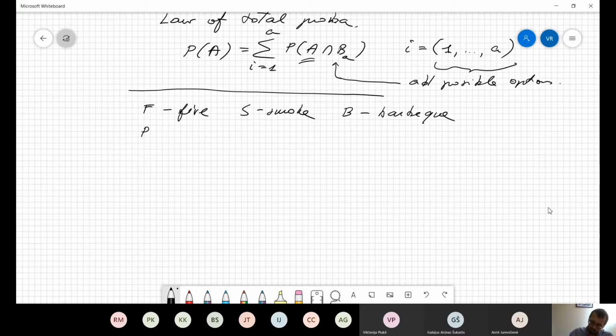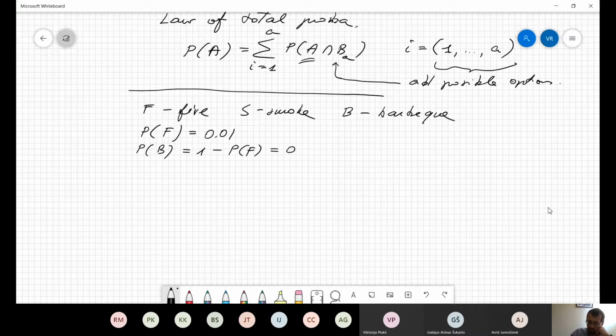Let's say that the probability of observing a fire is quite rare, something like 1%. The probability of observing a barbecue, let's exhaust it, is 1 minus the probability of fire, so this is 99%. Good weather, finally it's warm outside, so there's a very high probability of observing a barbecue.